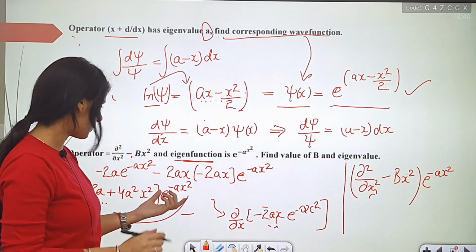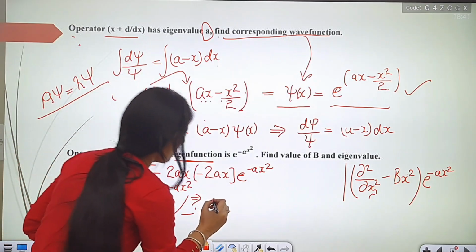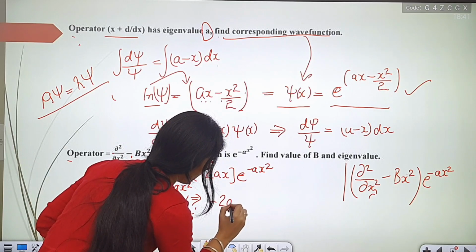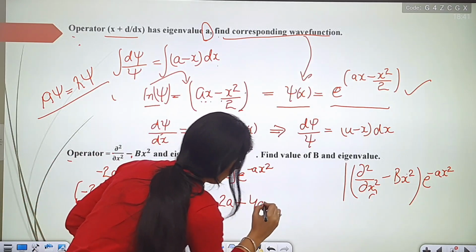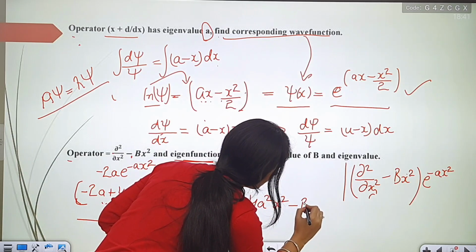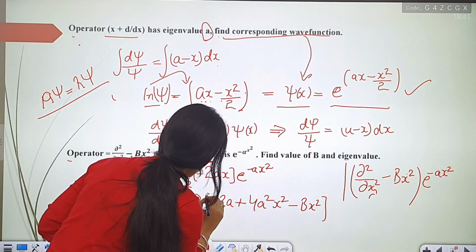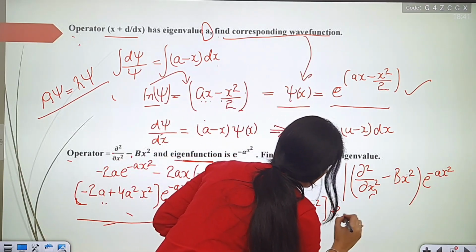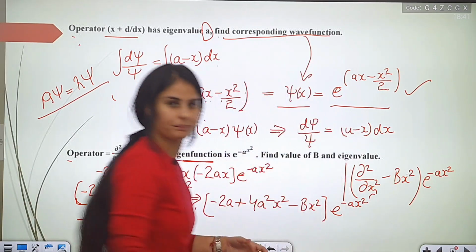So again we are going to put this value over there like this: minus 2a plus 4a square x square minus bx square into e raised to power minus ax square.